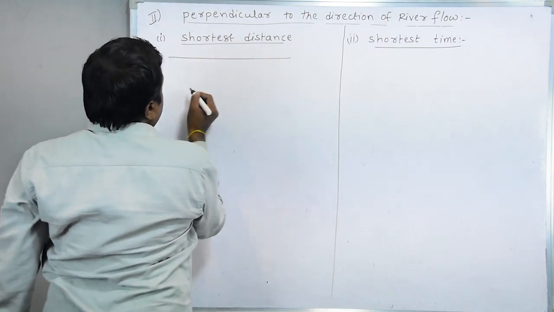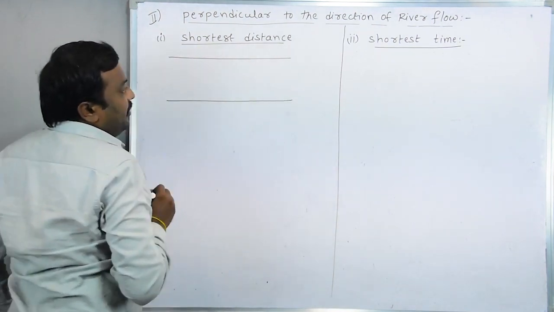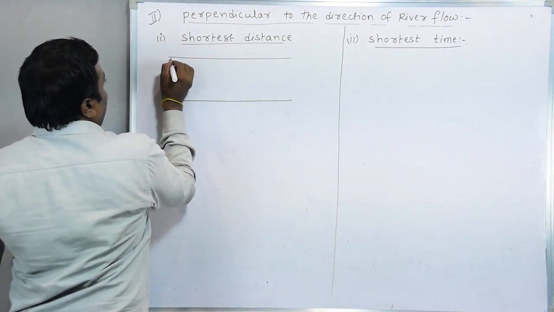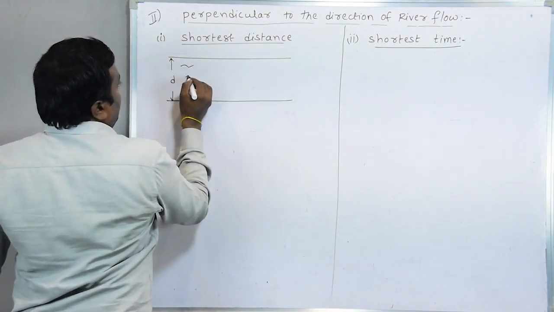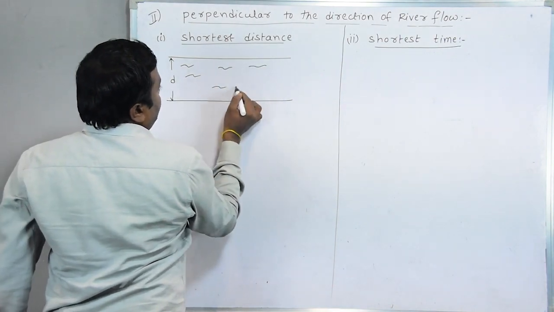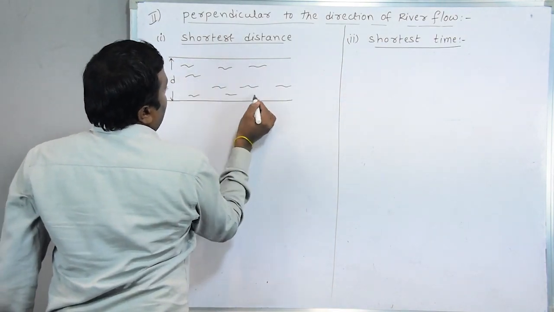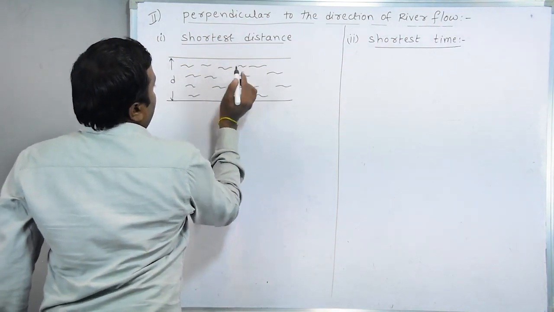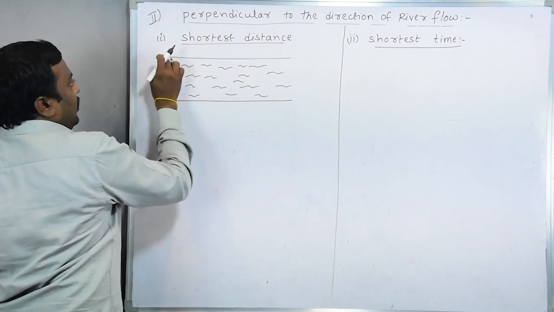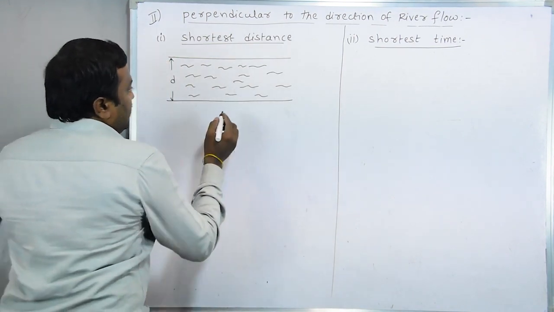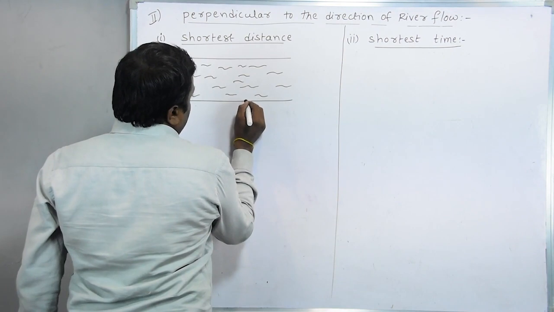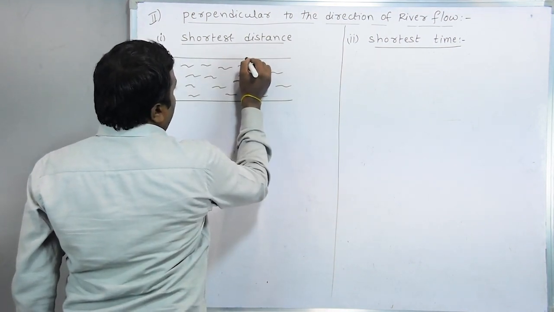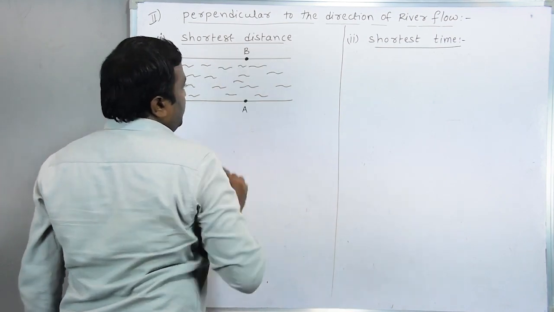Suppose this is the river flow, and consider the width of the river as D. The river is flowing like this, and this is one edge. Suppose one of the points, A, is here. The boat has to reach the exact opposite bank point, which you consider as B.